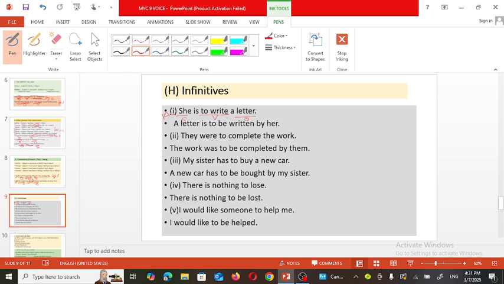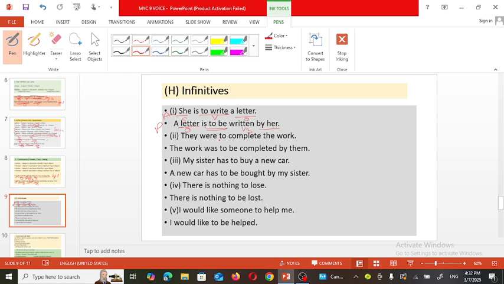This is in active voice. Now to make it passive voice, the object comes first, a letter. Letter is singular. In present tense, we can use am, is, are. From that, the singular form is is. A letter is to be, and then the V3 form, written by her. The subject she should be in the objective case.